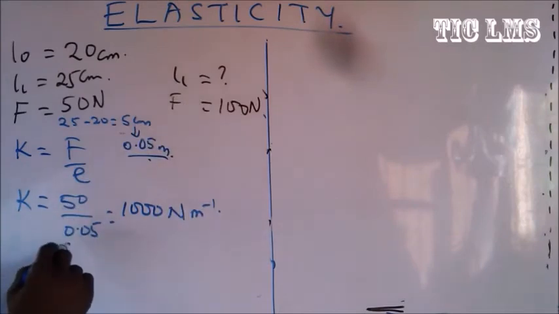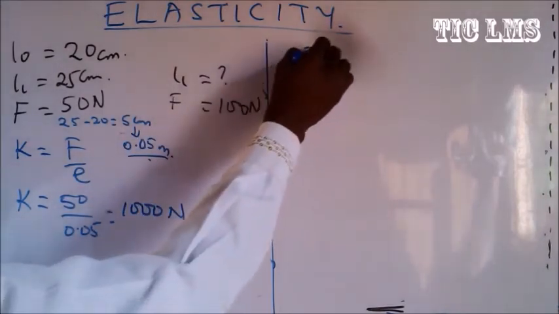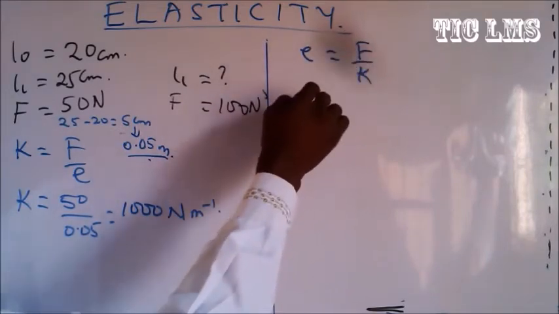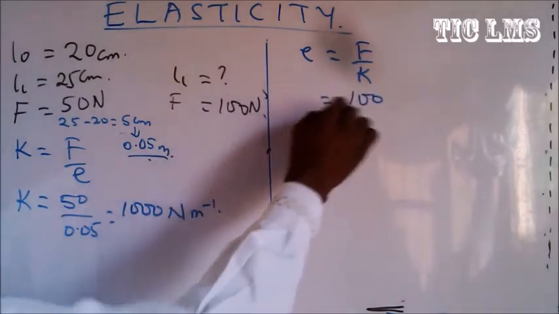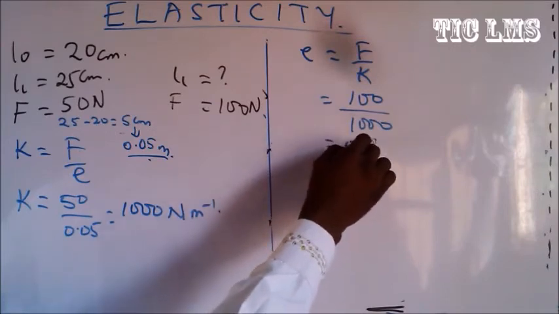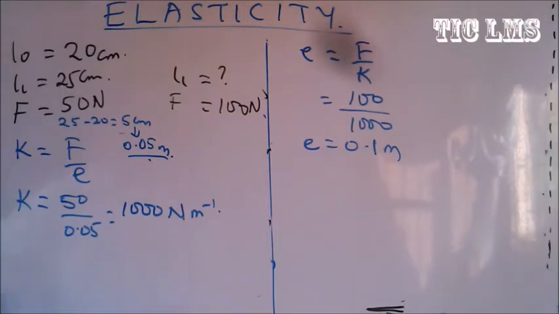Next is to find the extension when we have a force of 100 Newton. So we have that extension equals force over the elastic constant. Here our force is 100 Newton and the elastic constant is 1000, and that gives 0.1 meter. So that is the extension produced.